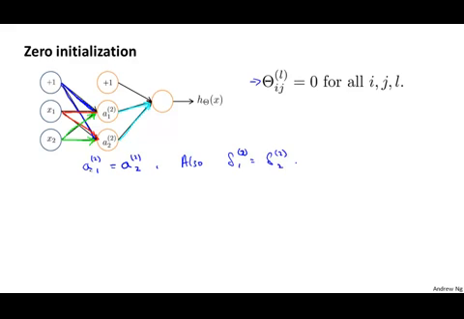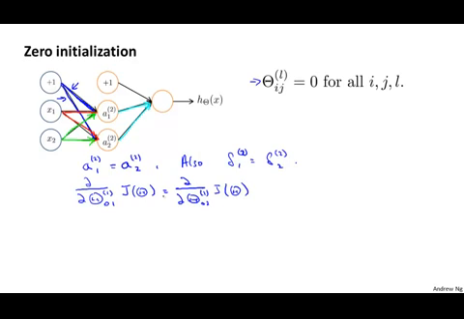And if you work through the math further, what you can show is that the partial derivatives with respect to your parameters will satisfy the following: writing out the derivatives of the cost function with respect to these two blue weights in your network, you find that these two partial derivatives are going to be equal to each other.